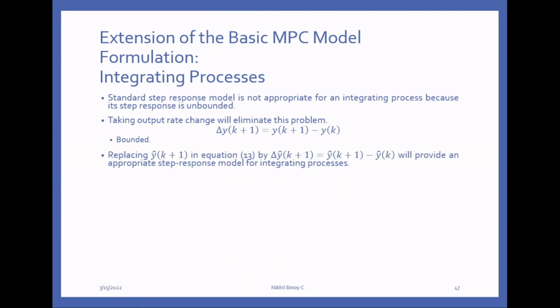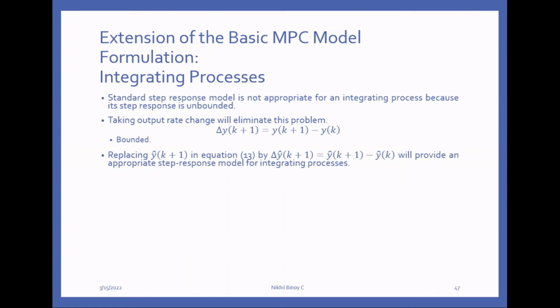Now it is bounded. What we have to do, wherever we have y cap of k plus 1, y nu of k plus 1, is replace it with delta y cap of k plus 1, delta y nu of k plus 1. What is delta y cap of k plus 1?